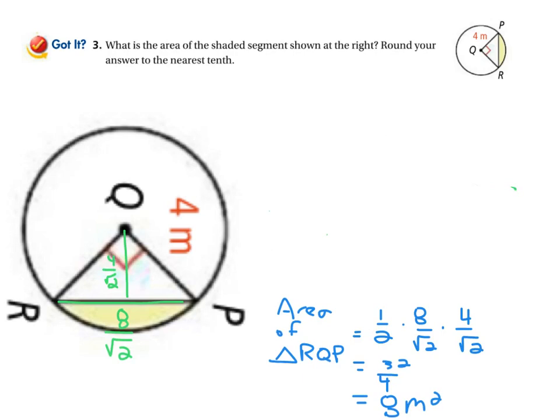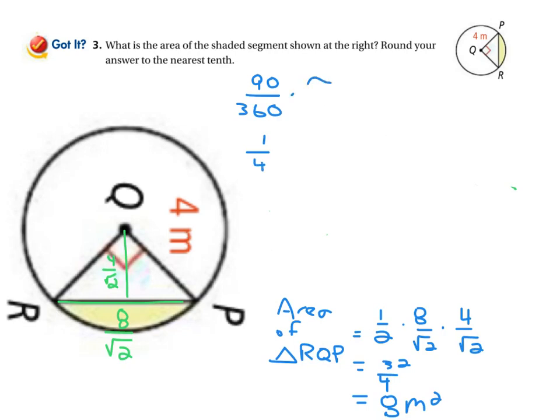So we say, okay, for the area of that sector, we say 90 out of 360, or it's going to simplify to 1/4, right?